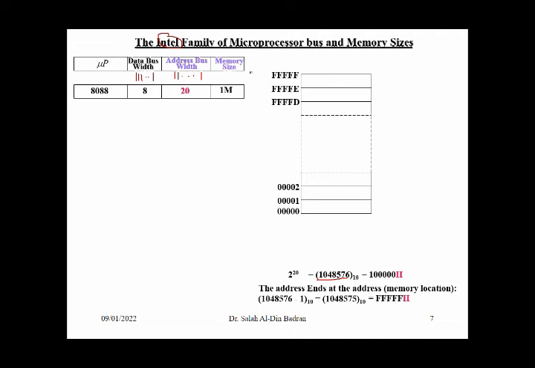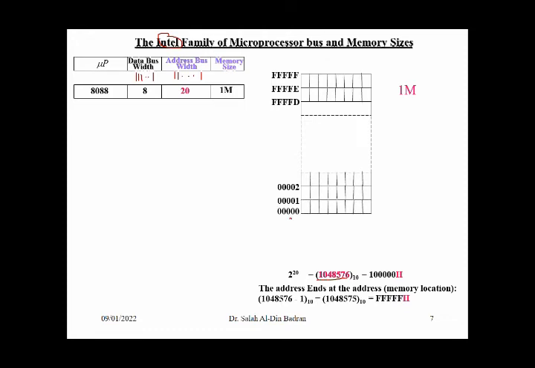So all of this is 2 to the power 20. Data of this width will be here on the data bus, on the address bus, sorry. The data bus is here. I will explain this now. 1 megabyte, so all of this is 1 megabyte.